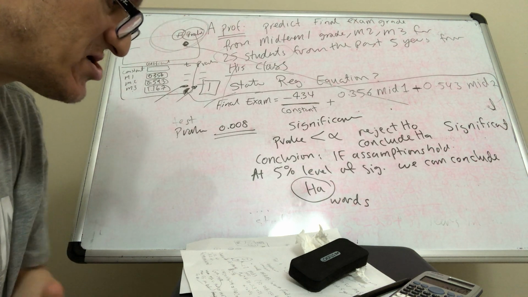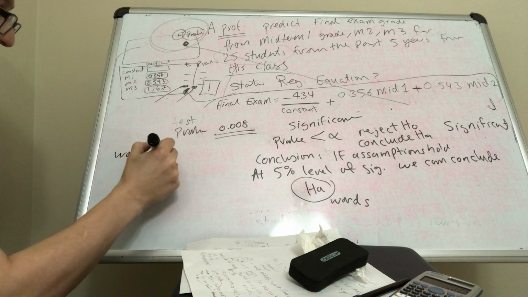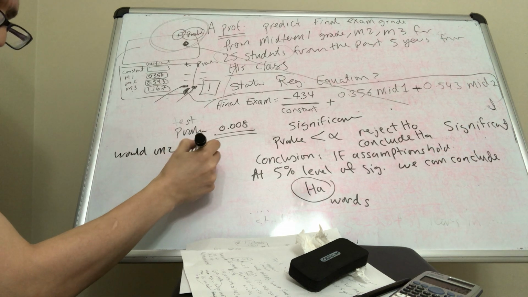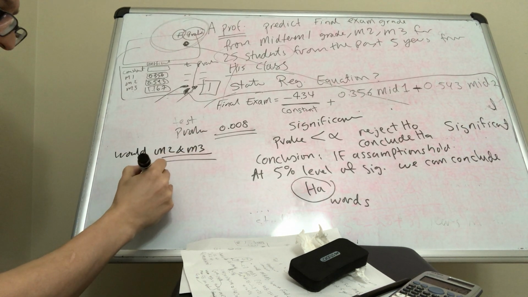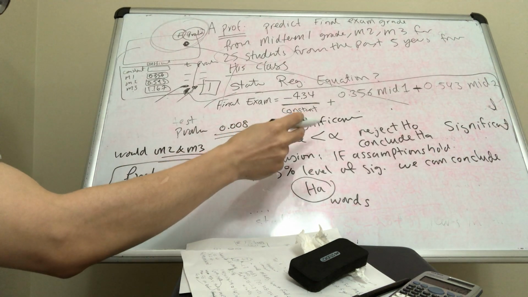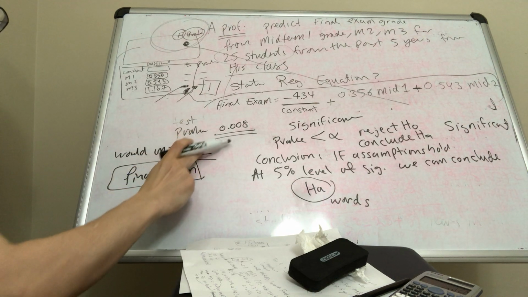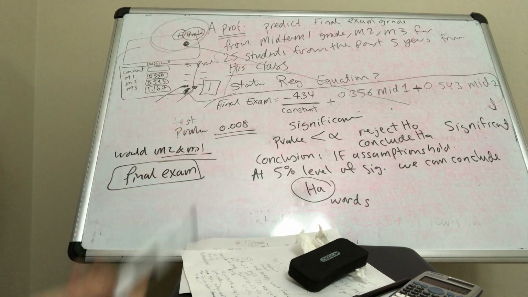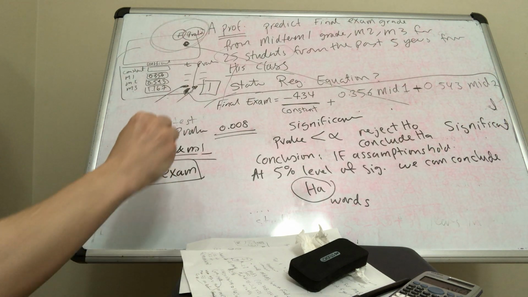The next question would be, do midterm 2 and midterm 3 also do the same thing? What if you have to test midterm 2 and 1 instead of midterm 3? Would the results be the same? They didn't want full sentences, just a brief answer.